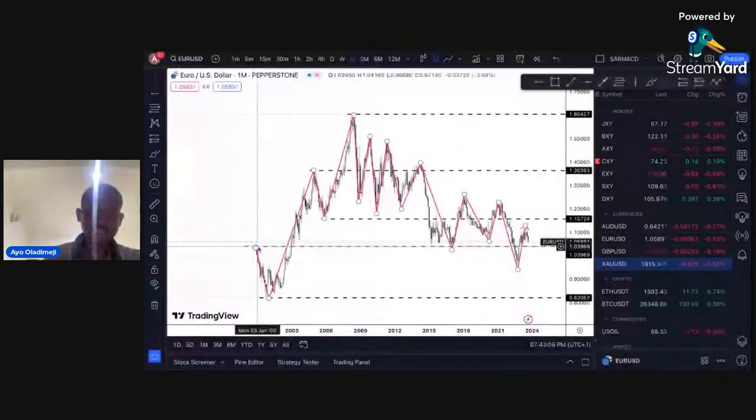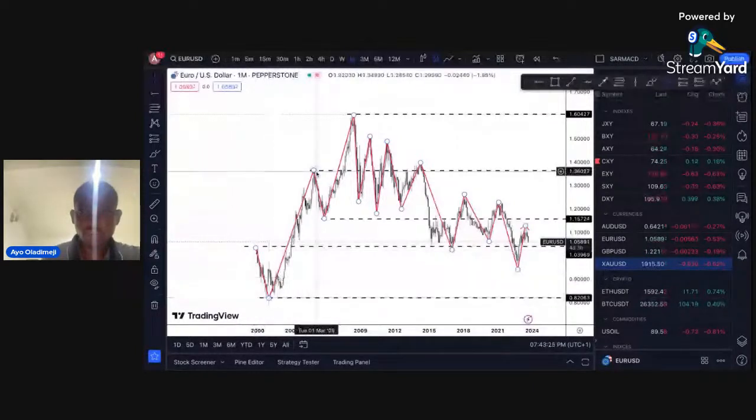Okay, then now price fell to 0.82. 0.82, that's a support. Now price picked up from 0.82 and went all the way to 1.36. 1.36, that's a resistance. 1.36 is a resistance, okay?